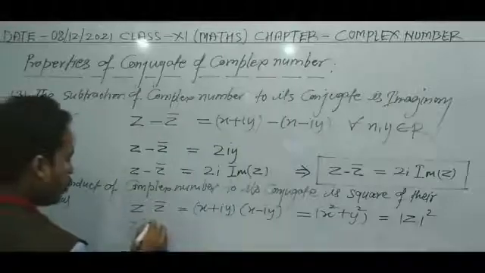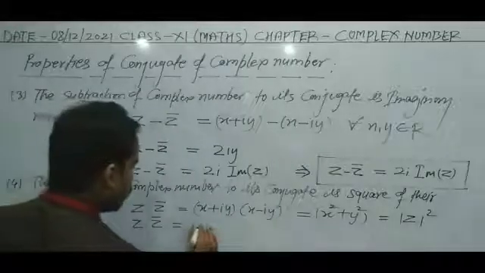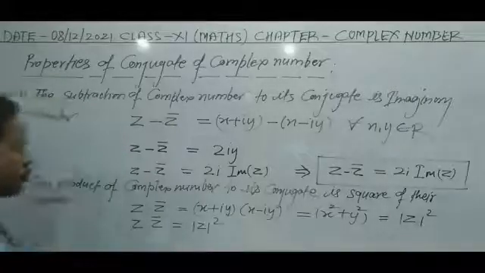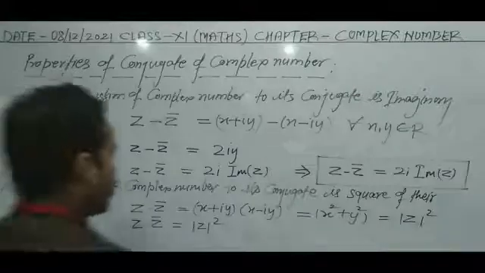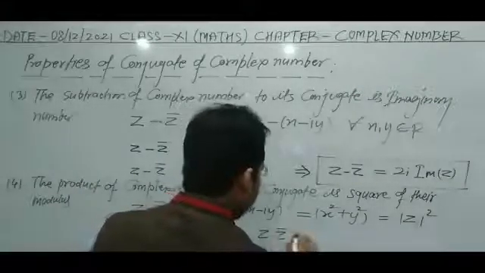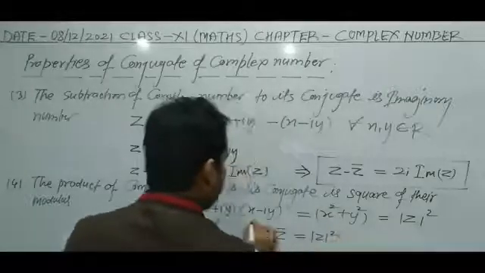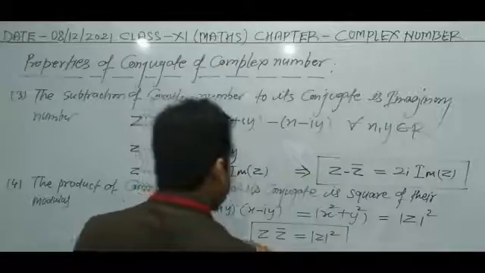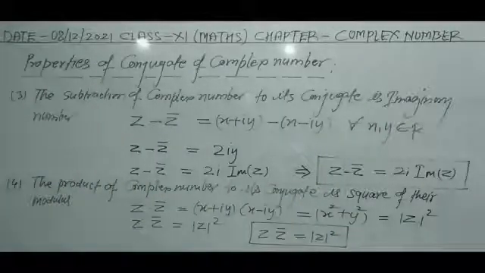Now z into z bar is equal to mod of z whole square. This is the formula. Now this is the fourth property.